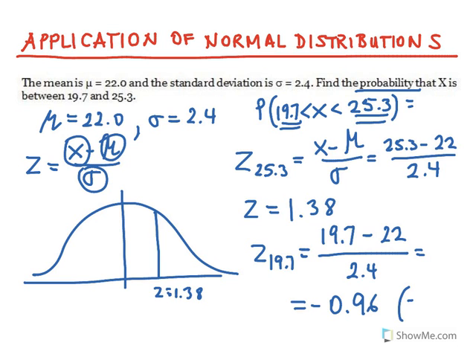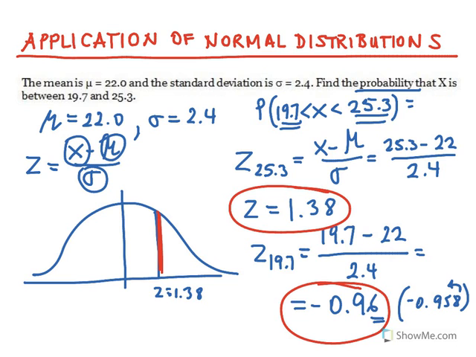Actually, that is minus 0.958, but we round, and since 8 is closer to 6 than 5, we round up to 6. So now we have two z's: 1.38, and minus 0.96, which will be on the left side of the mean.